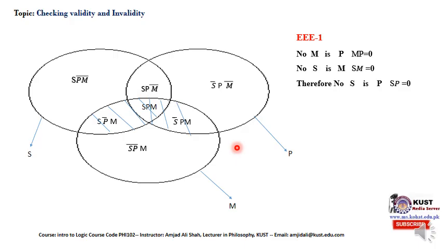So student, you must remember, if one of the areas of the class of SP is shaded and the remaining one is unshaded, either if one is shaded or both of them are unshaded, in either case the syllogism will be considered as invalid. Now our argument is invalid.